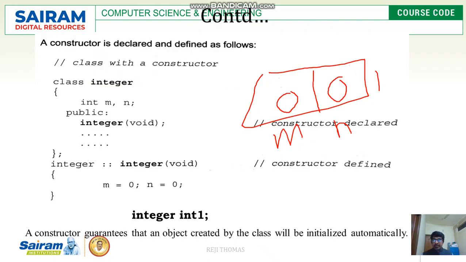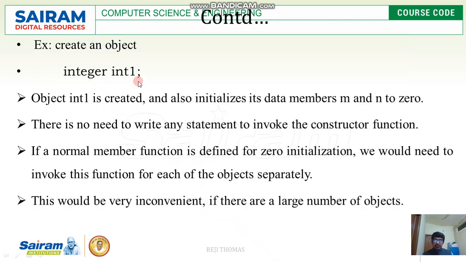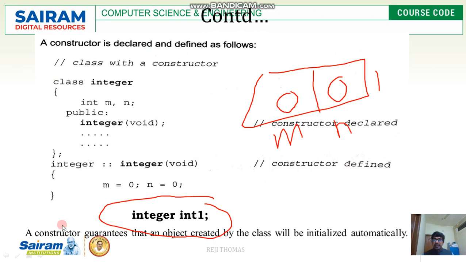Let us see what happens with the statement where we created objects. We have created just one object called int1. When we create an object, it gets its data members initialized, and there is no need to write any statement to invoke the constructor.